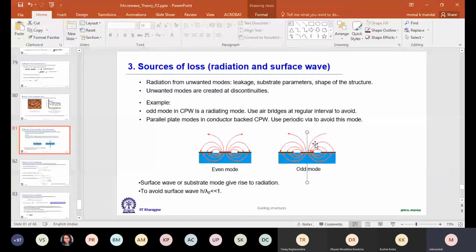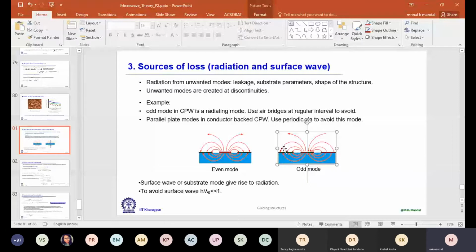By looking at the electric field direction, the right side is at higher potential compared to the signal line, and the signal line is at higher potential compared to the left ground. Of course, after 180 degrees of length, if you go in the forward or backward direction, the direction of the electric field will change, that you know.